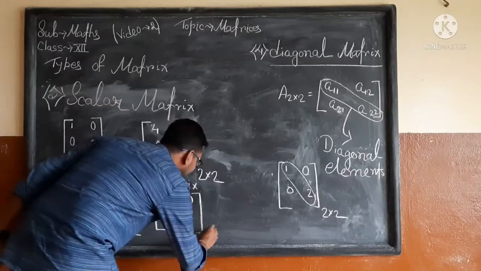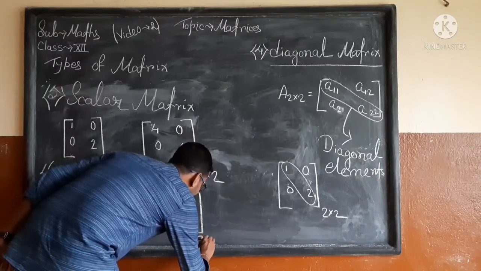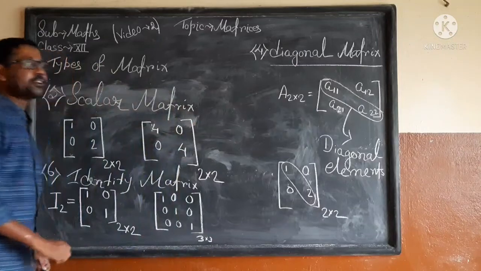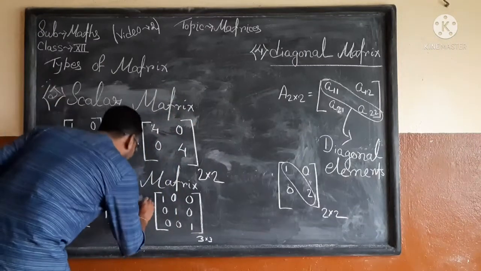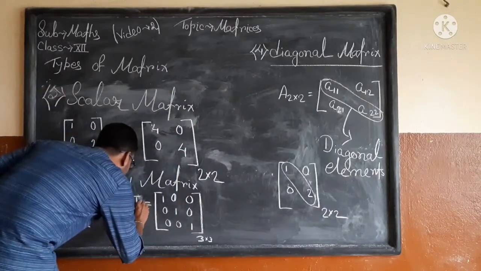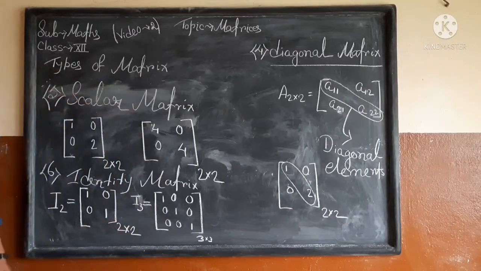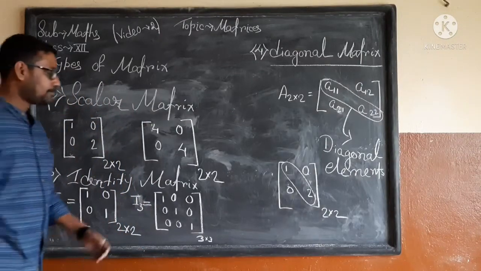And this is the example for the identity matrix of 3 cross 3, and it is denoted by I3. Okay?